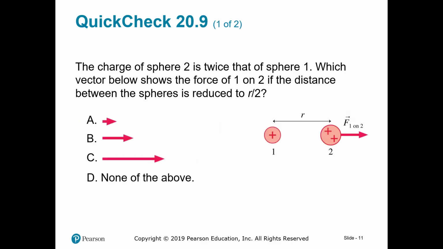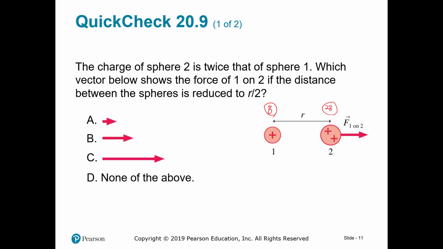And the second question: the charge of sphere 2 is again twice that of sphere 1. So I will assume this is Q, and this has 2Q, right, because it's twice. Which vector below shows the force of 1 on 2 if the distance between the spheres is reduced by half?